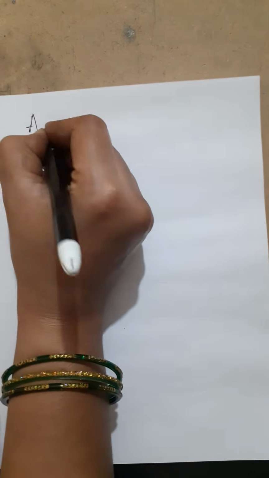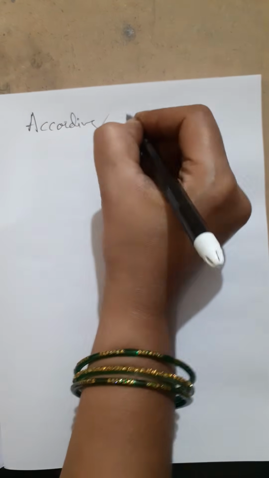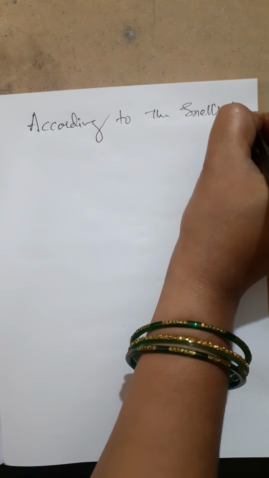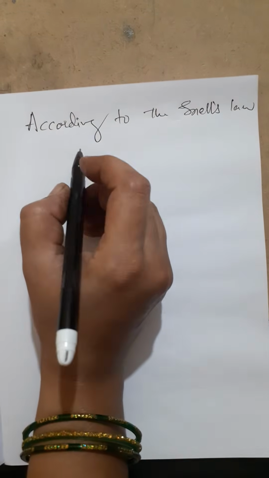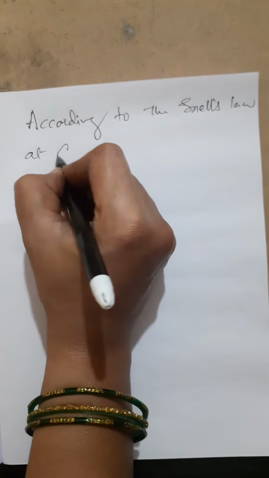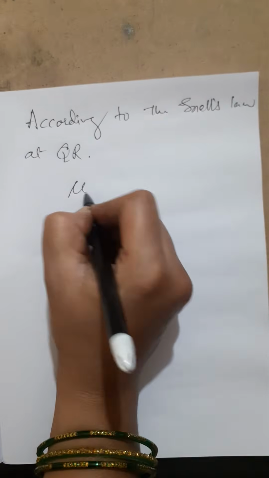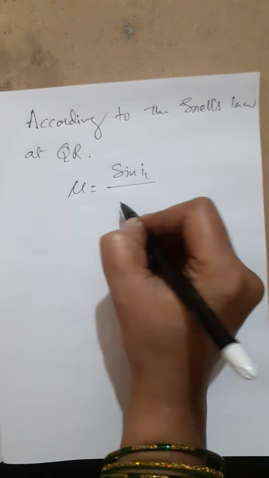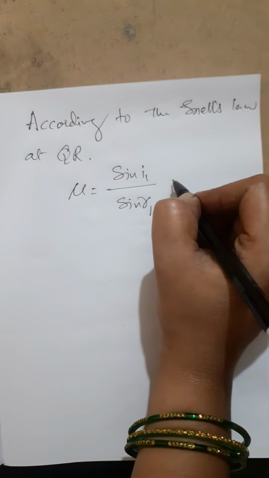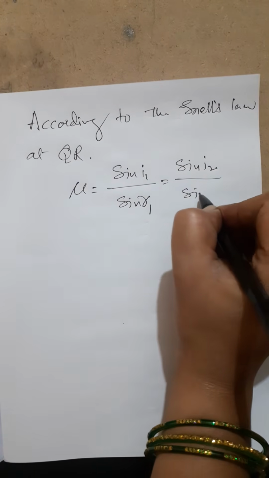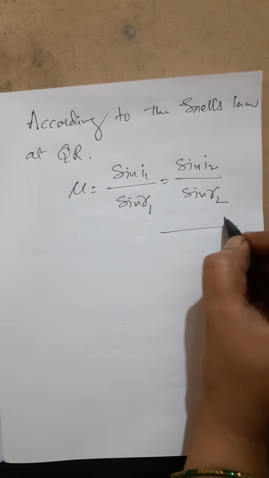Now, according to Snell's law, applying Snell's law at point Q and R, mu is equal to sine I1 by sine R1, and this can be written as sine I2 by sine R2, and we take this as equation number 10.